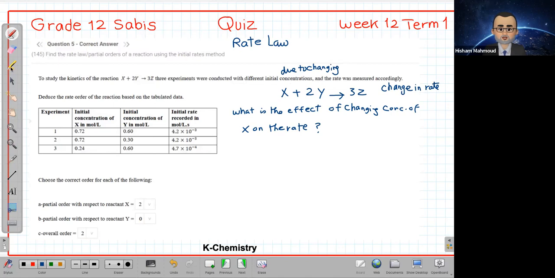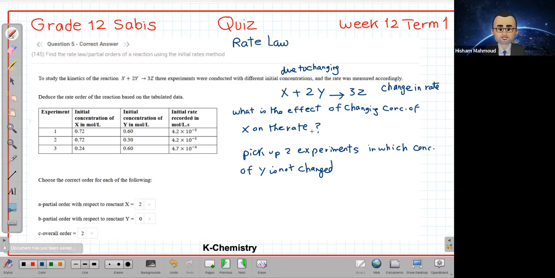If I fix y, pick up two experiments, 1, 2 or 3, in which the concentration of Y is never changed. Why? Because then the changes that happen will be in X, and you know the effect of changing X only.